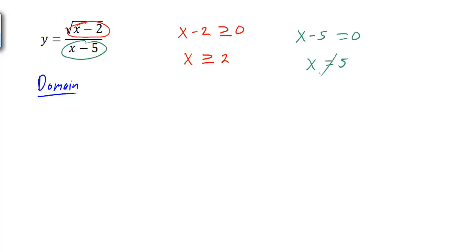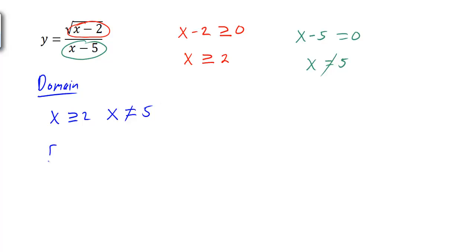So what's going to be our domain? Now this one's a little bit trickier. We know that x has to be greater than or equal to 2, okay? And x cannot equal 5. So that means if we're looking for the domain, x is greater than or equal to 2, except x cannot be equal to 5.